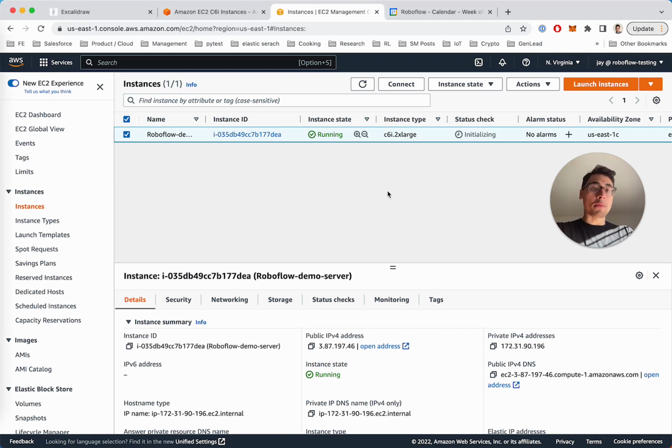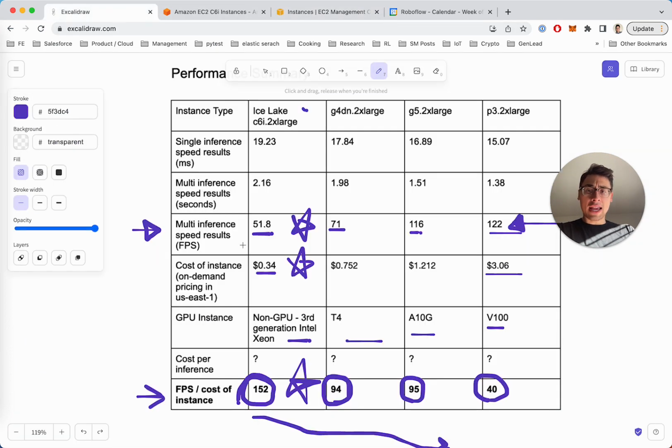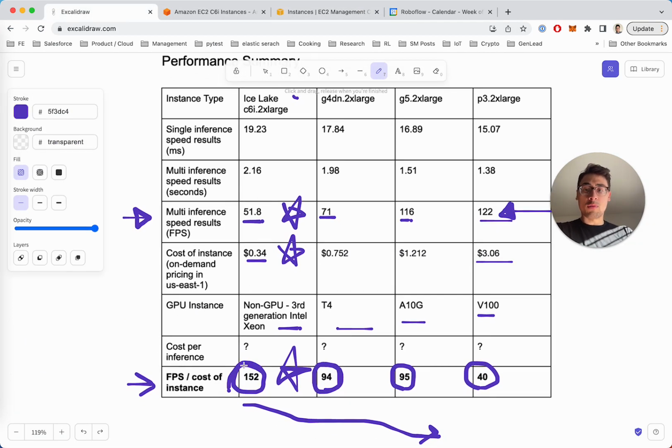I can set up AWS Batch. I can turn it into an endpoint. Whatever I want to do with it, I can serve customers at a really effective balance of speed to price. And if too many customers start to interact, all I have to do is spin up more instances, and the more Ice Lake instances I spin up, the more cost effective I get. So as I scale, I save money and I serve customers.